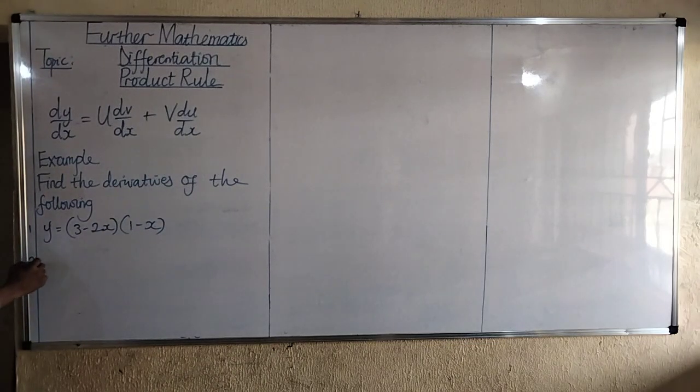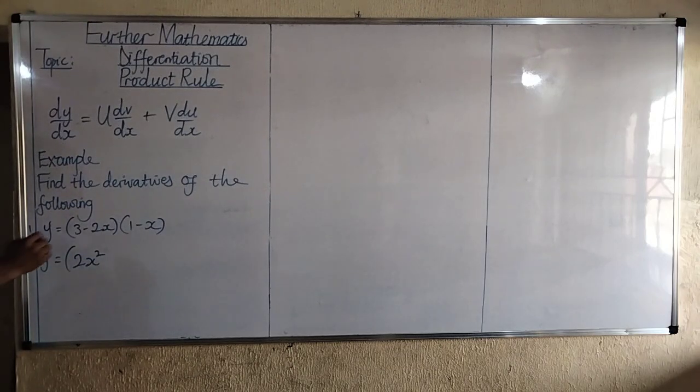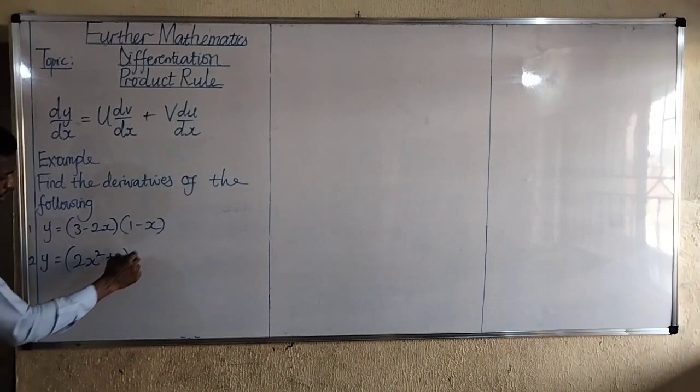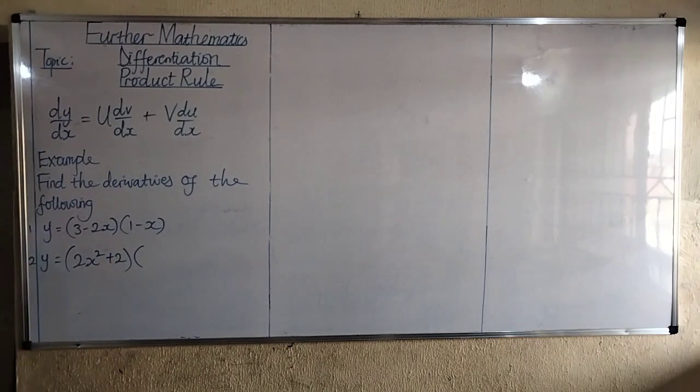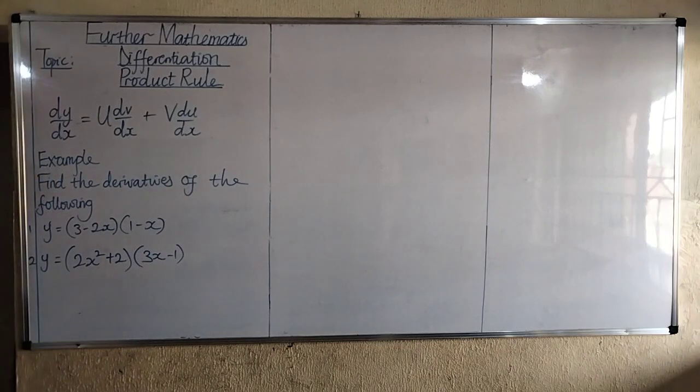And number 2, y is equal to (2x squared plus 2) multiplied by (3x minus 1). So this is what we have.